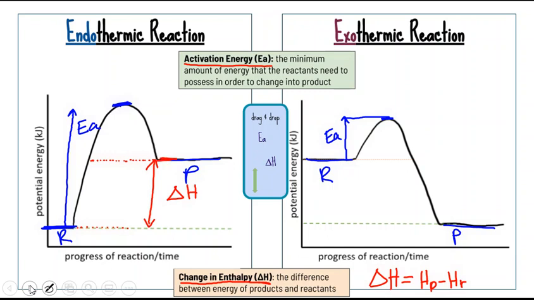Products are higher than the reactants, so you're going to end up getting a positive delta H here. Because the products are higher, subtract, you're going to get a positive numerical value. That's positive. On the other side over here, we're looking at this dotted line right here. In this case, the products minus the reactants, the delta H is going to be negative.